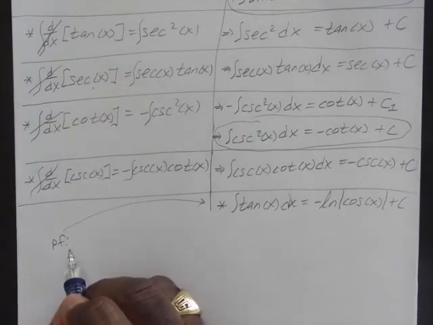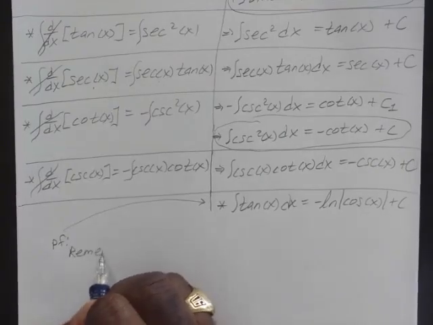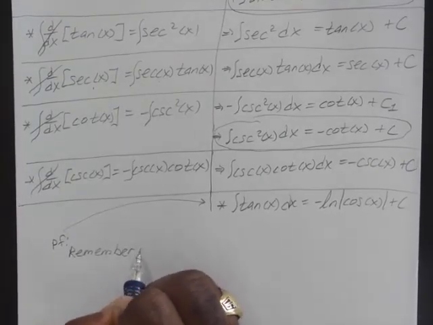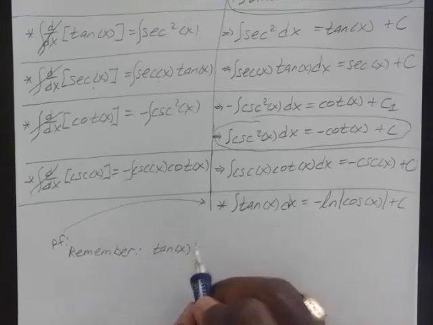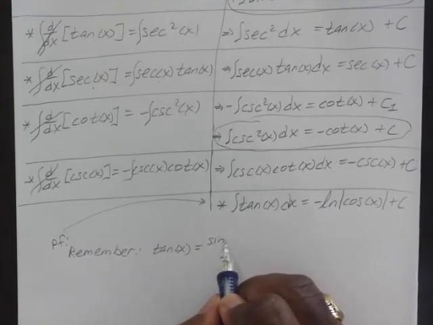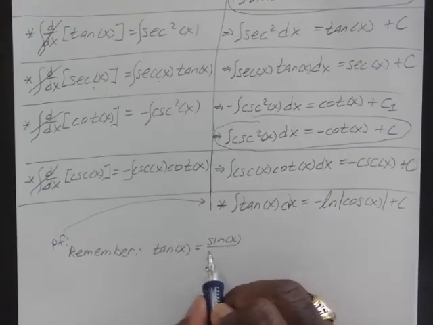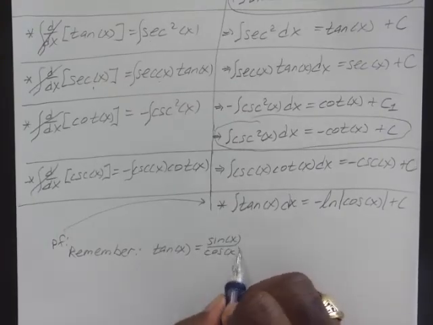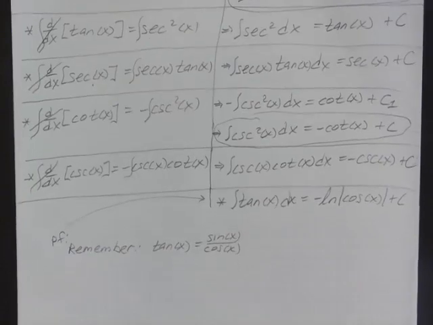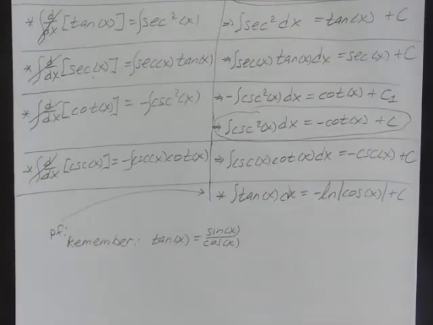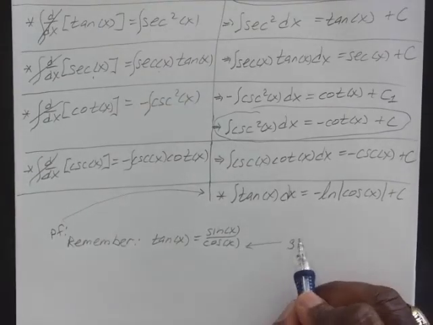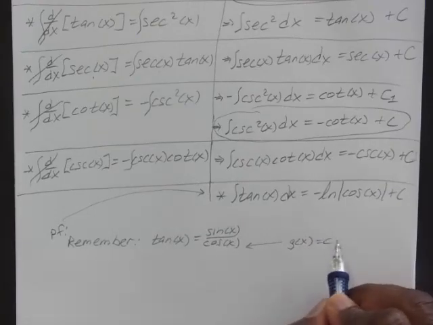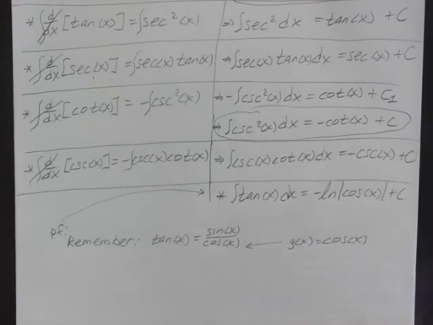Okay, so if you remember, we know that tangent of x, we can rewrite that as sine of x divided by cosine of x. Okay, so what if we let our g of x equal cosine of x?